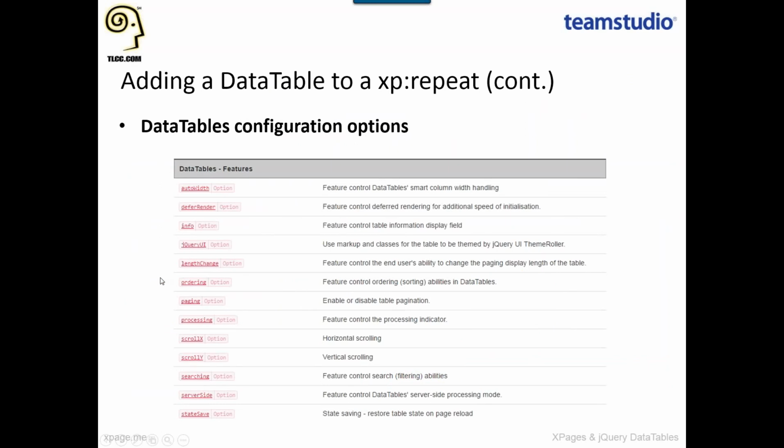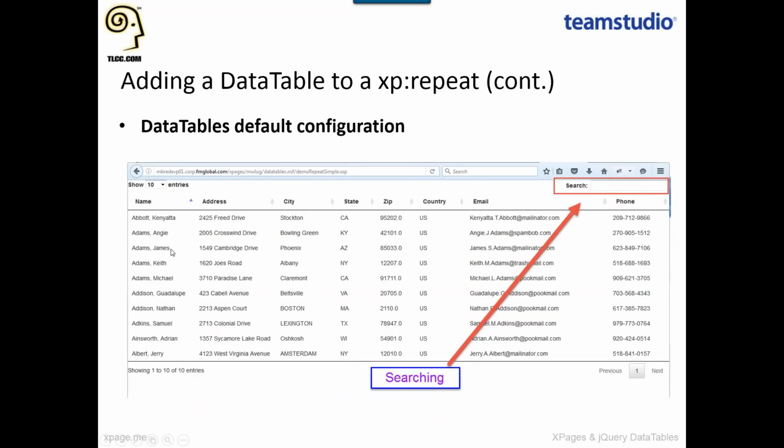Okay, so when we just added DataTables to this repeat, we had a one-liner basically saying, just give me all the defaults that DataTables is going to throw at me. Coming back to this screen, we might not want all this stuff showing up on our view.